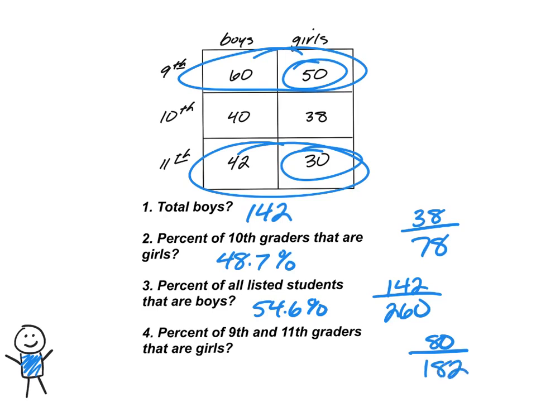So the percent of 9th and 11th graders that are girls is 80 over 182, which will simplify to 44%. 44% of the 9th and 11th grade classes all together are girls.